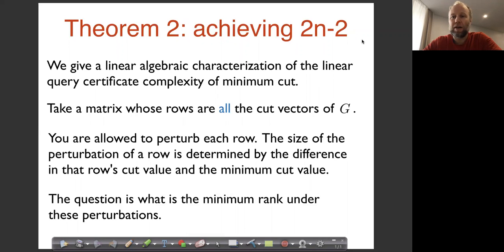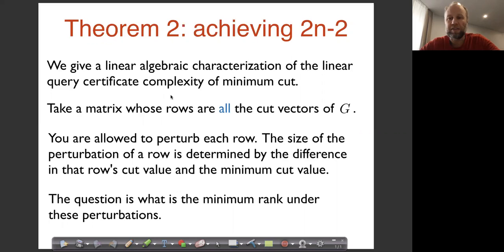Okay, so for theorem 2, I'm not going to talk too much about it. It's a little bit involved, but just to show how we can go beyond the cut dimension, we actually give a linear algebraic characterization of the certificate complexity, this linear query certificate complexity of minimum cut.